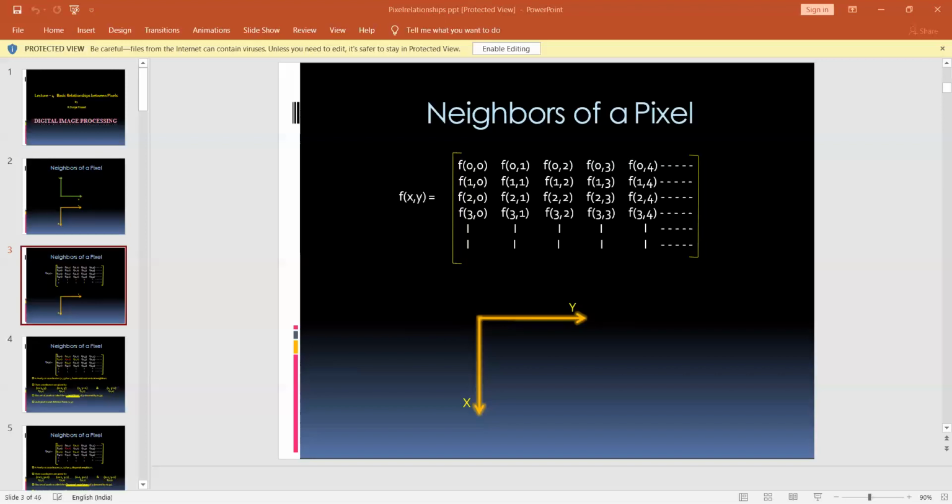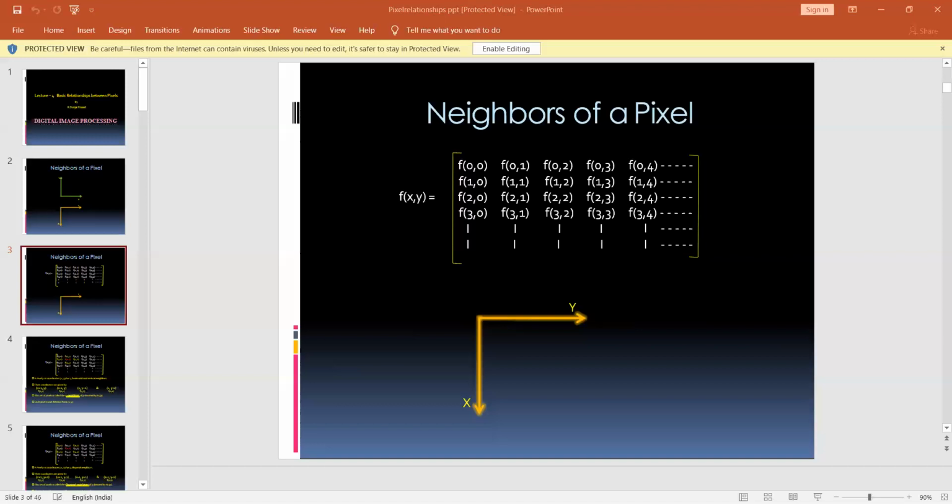Now I want to write this as x plus 1, y plus 1; x plus 1, y minus 1; x minus 1, y plus 1; x minus 1, y minus 1. So x and y should be either incremented or decremented, but not remain constant. There is no constant here; it is always variable because of the diagonal.